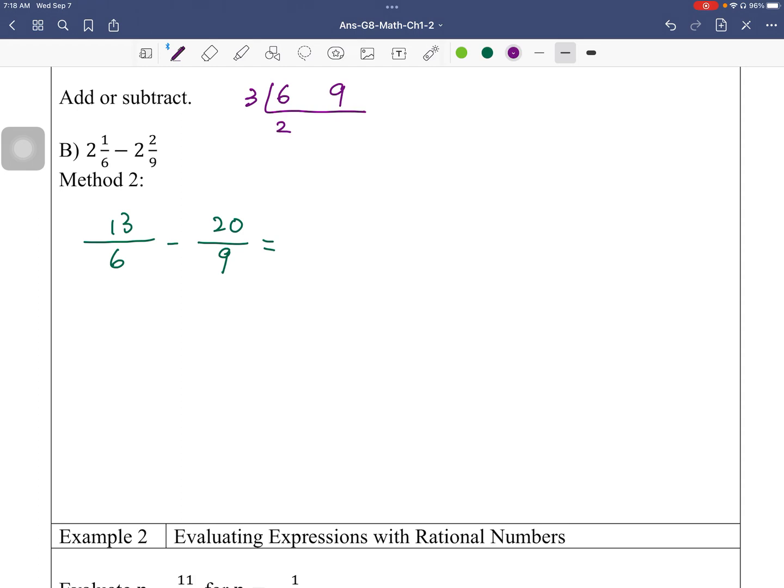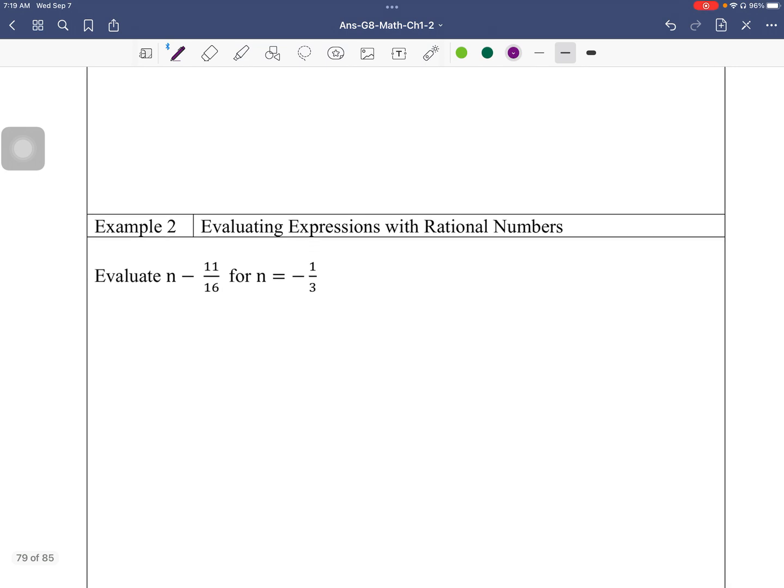So 3, 2, and 3. So here I have 3 times 2, 6, 6 times 3, this is 18. So times 3, 39, minus 18, times 2, so this is 40. So you get negative 1 over 18.